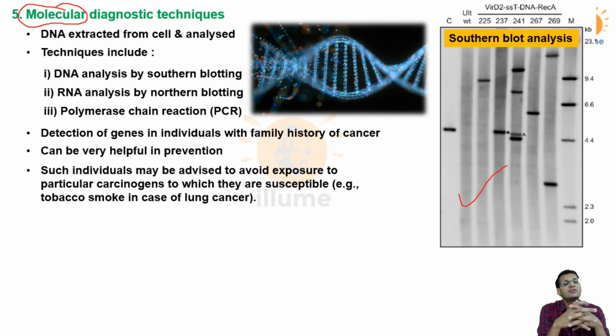For example, if the patient's family has a history of lung cancer, then the patient after taking the molecular diagnostic test should stay away from tobacco, because even tobacco in a certain amount can induce lung cancer, because there is genetic susceptibility in that individual. So that's how molecular diagnostic techniques are very helpful in these conditions.